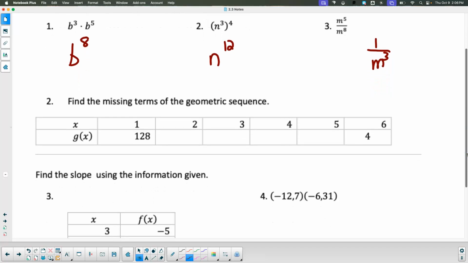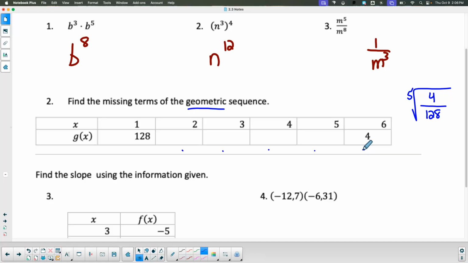Missing term in the geometric sequence. Okay, so we know it's geometric. So we take our last number, we divide it by our first number, and we take the root to however many jumps that was. And in this case, 1, 2, 3, 4, 5 jumps to get that far.